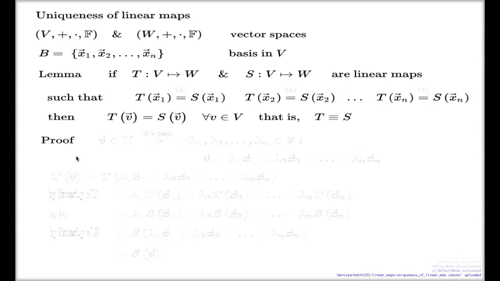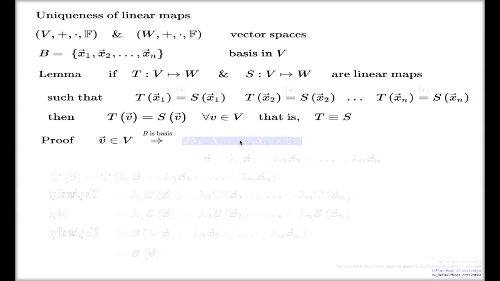It's a very straightforward proof. All you have to do is carefully use the definitions of every term involved. Look at this. If I start with a vector V in my vector space V, I can say first that because B is a basis, every vector admits a linear representation in terms of such basis, right?